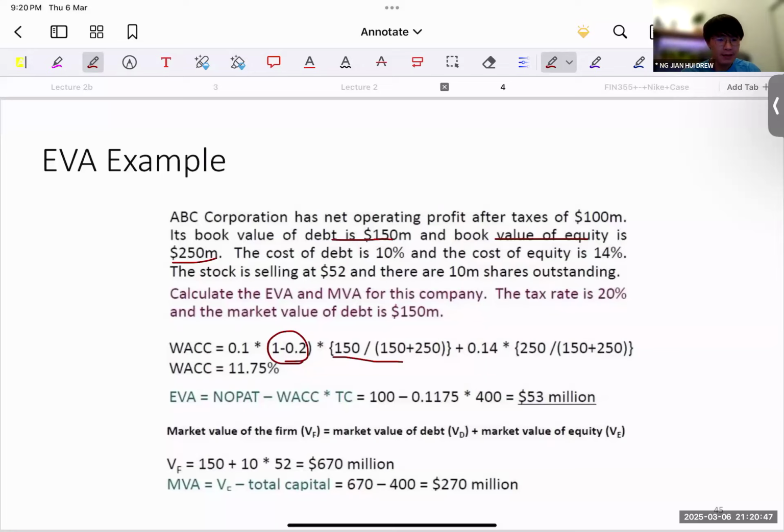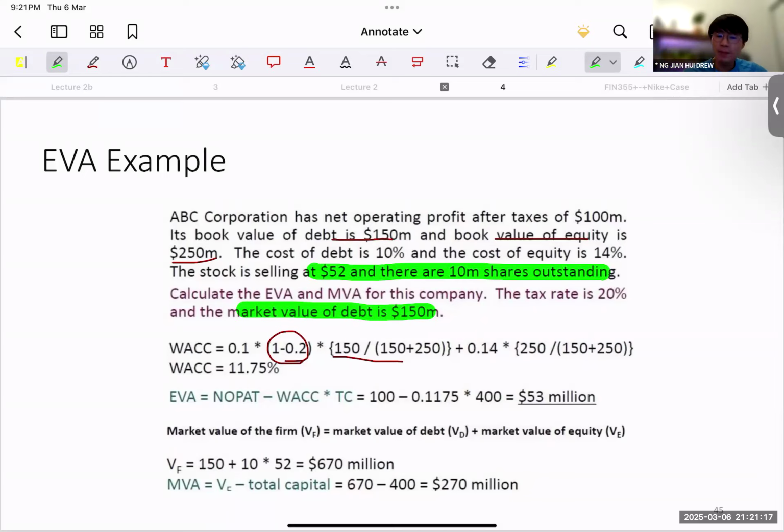Okay. You know what? I actually noticed something now that I'm looking at the question. Maybe the answer that's given here might not be correct. What do you notice? Do you notice we're given the market value? We're given the stock selling at this price and this number of shares outstanding.